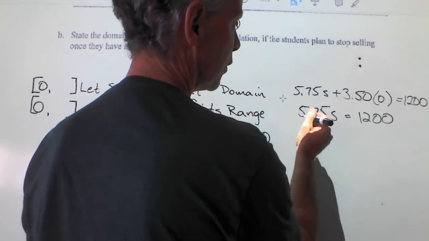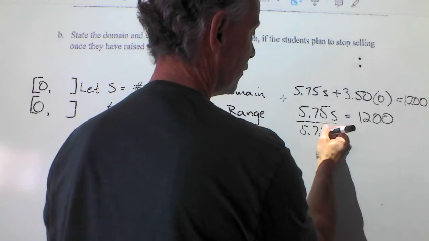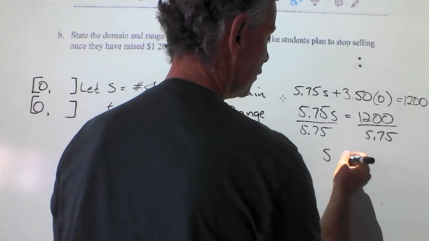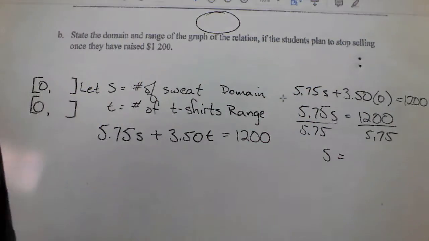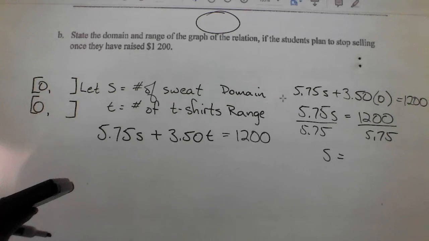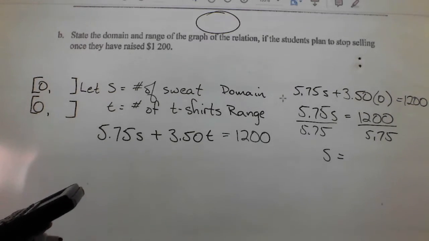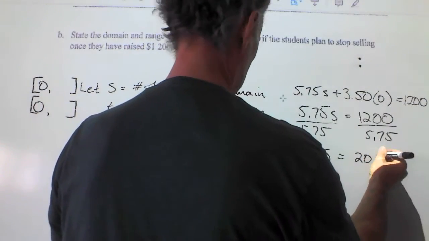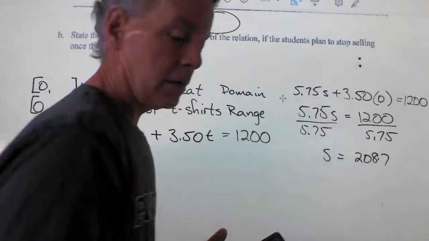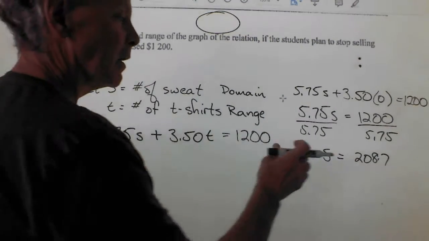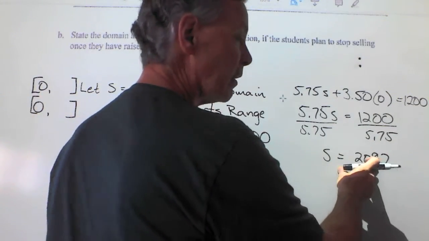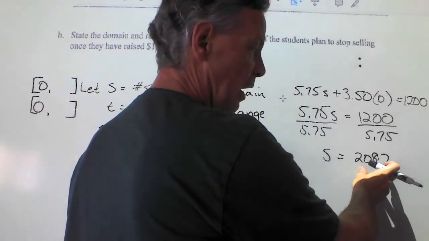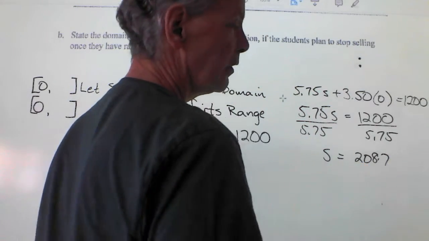and we have 5.75s equals 1,200, and then to isolate s, we divide both sides through by 5.75, and we get a value for s of 208.7. Now again, think back and decide, should we round this up to 209 or down to 208?